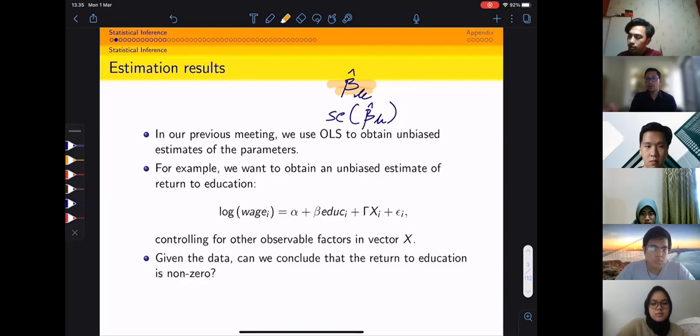If you don't remember all, perhaps you can state one of the key assumptions to obtain an unbiased estimate of the betas.